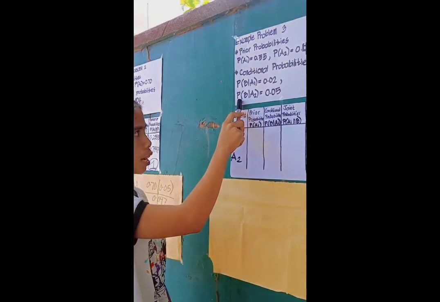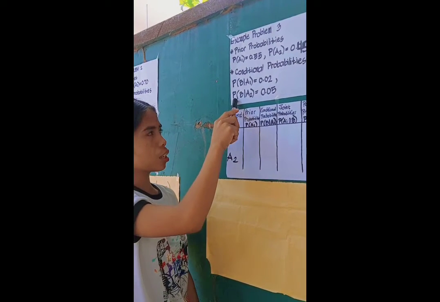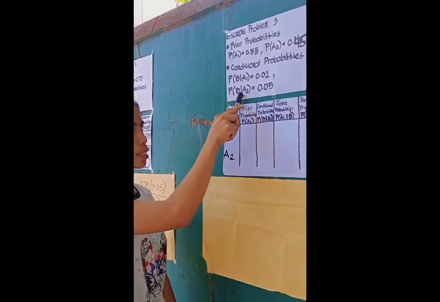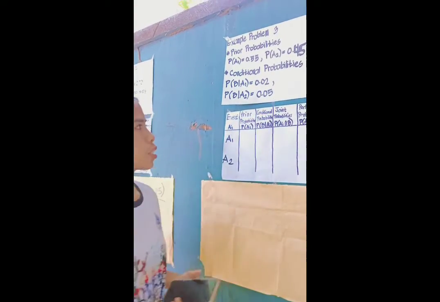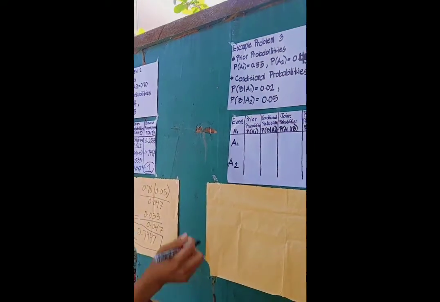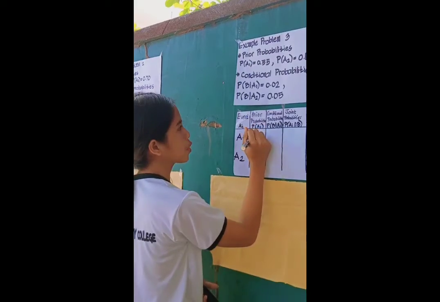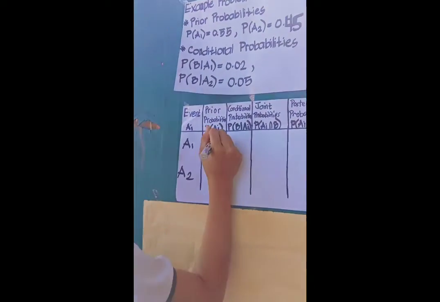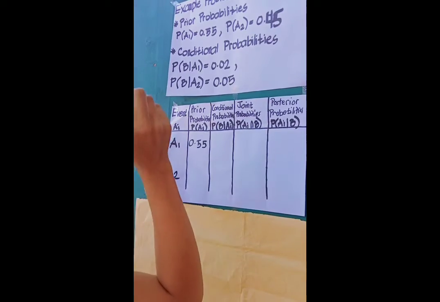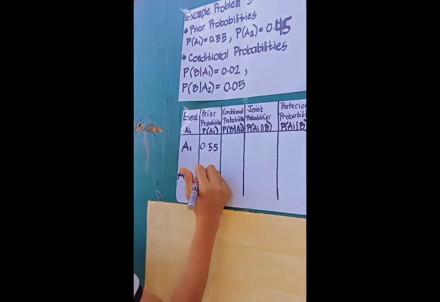For the probability of B given A sub 2 is equal to 0.05. So, for the prior probabilities, A sub 1, we copy here the 0.55. And for the A sub 2, 0.45.